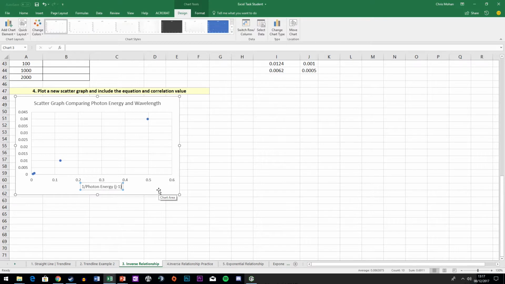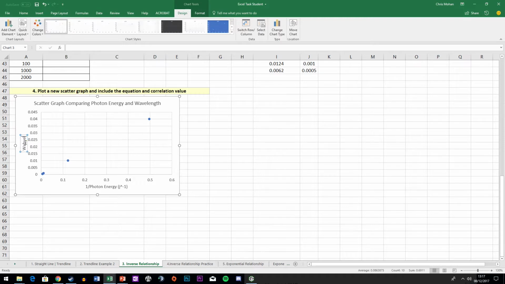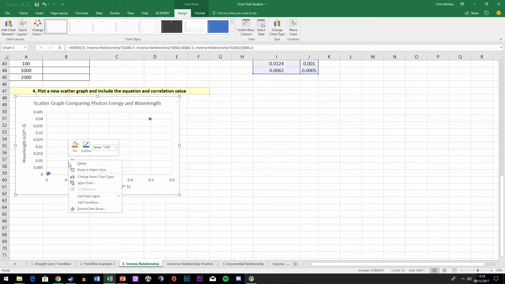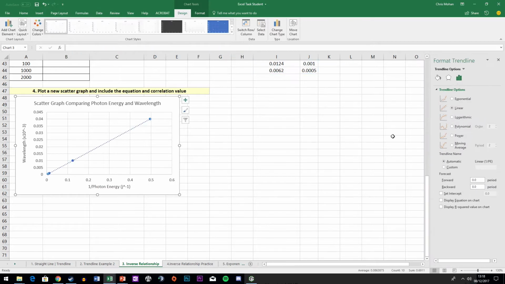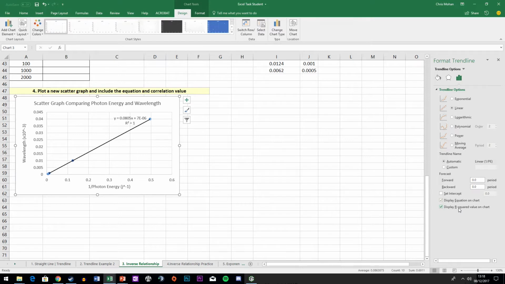Which, if you remember from your indices, will be J to the minus 1. And vertically, I'm going to keep this as wavelength, by 10 to the minus 3, as it says in the bit. Now, if I wanted to do what I did beforehand and stick in a trend line, a linear one will make a nice black line that's not dashed, and we put in our equation and our correlation.